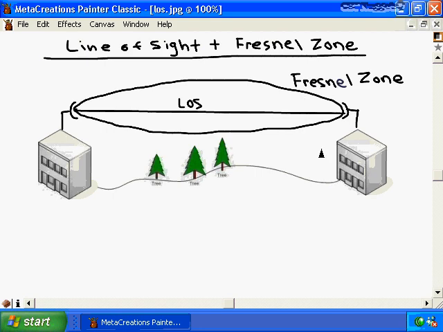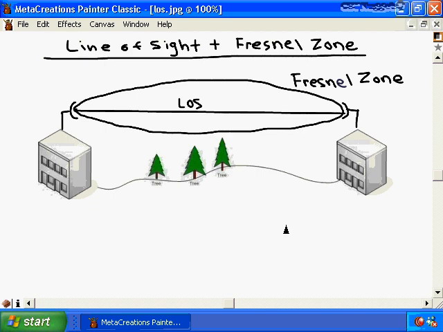And within this Fresnel zone there could be obstructions to the radio frequency signals that are transmitted and received between these two antennas. So that's something we have to watch out for, is not only the line of sight between the two antennas, but the Fresnel zone that the radio signals will be transmitted between the two antennas, and to reduce the obstructions within that zone to ensure that there's a clear, strong signal.